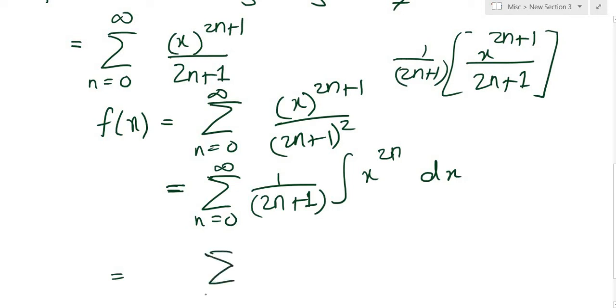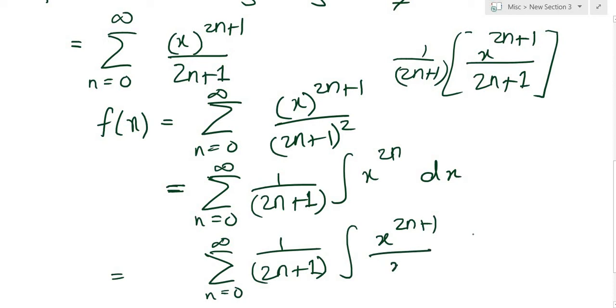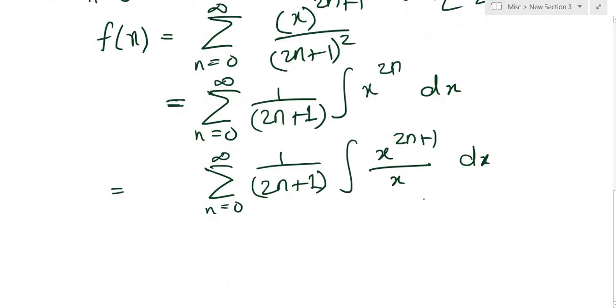Now why don't we write our x raised to 2n in a special way? By special I mean something that in essence looks like this thing. So we can write this as x raised to 2n plus 1 divided by x. So it's essentially multiplying and dividing by x. Now we can interchange our integral and sum.